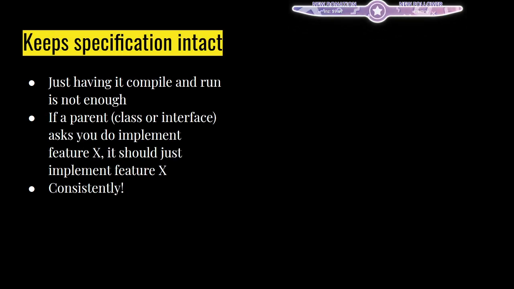So other than being logical and keeping the same semantics, it needs to also keep the same specification. What I mean by this is that if, let's say, the parent class would throw a null reference exception, then the child class should also have the possibility of throwing null reference exception.